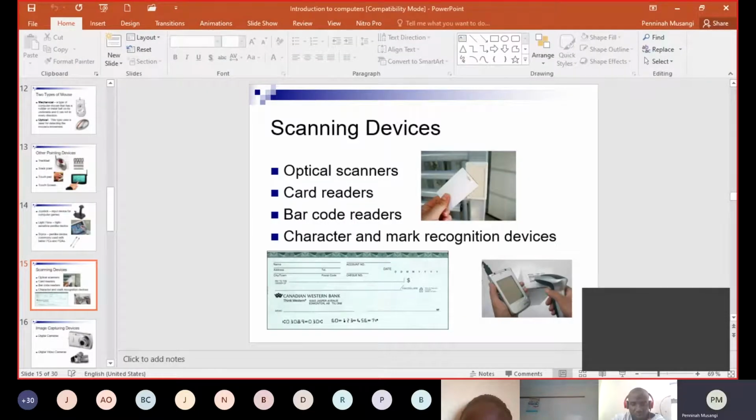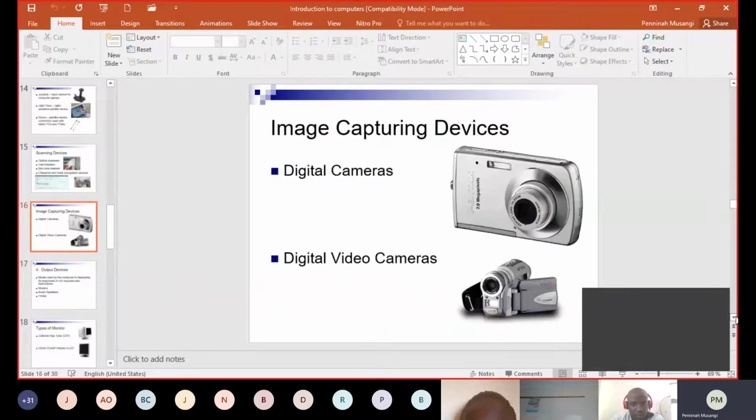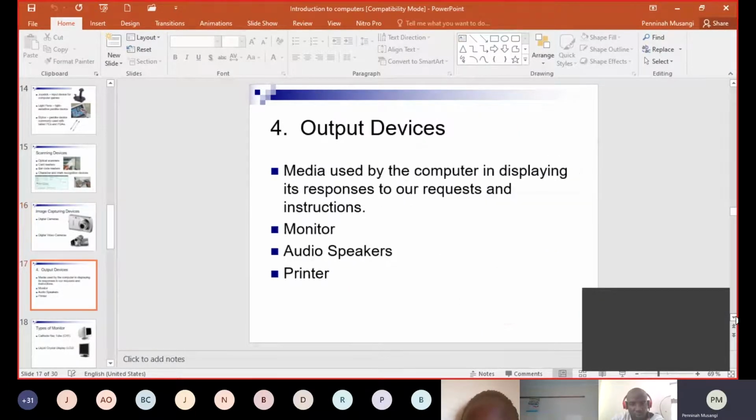So that is character and mark recognition used for checks. Image capturing: we have the cameras, both digital and video cameras. The output devices are now the opposite of input.